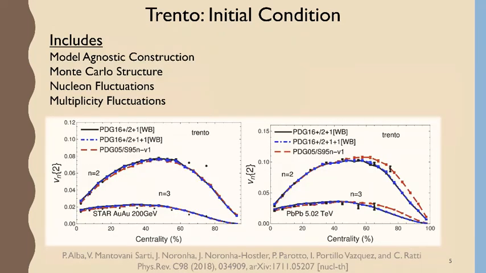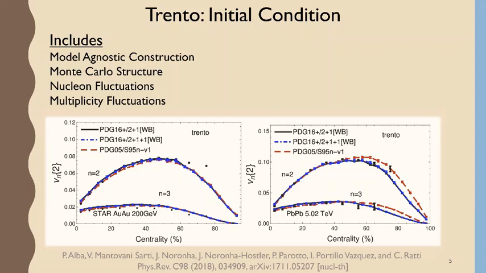So one of these models that works really well is Trento, which includes a model agnostic construction along with a Monte Carlo structure, and includes both the nucleon and multiplicity fluctuations. And so here are plotted VNs for both gold-gold and lead-lead collisions.